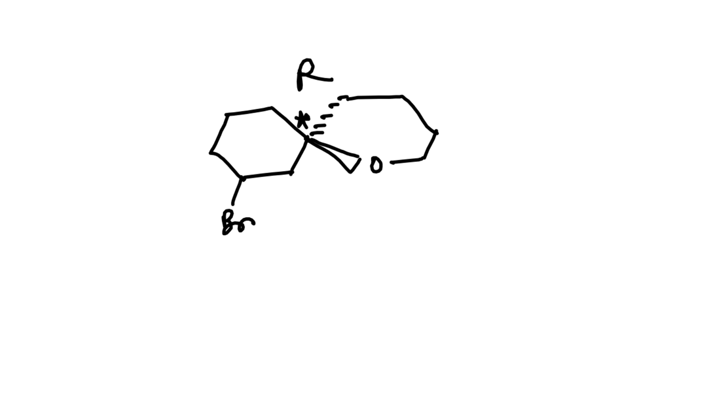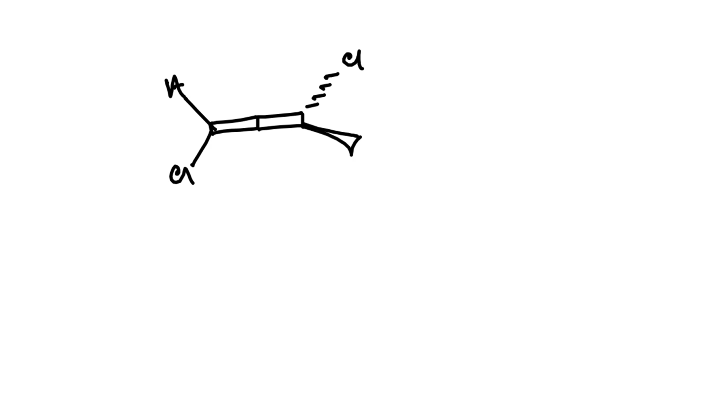It is R. Now let us see the nomenclature of allene and biphenyl systems, because that is our point of interest, and that's what will come in the exam. So the allene system is represented like this. This is a simple example. How do we do the nomenclature?